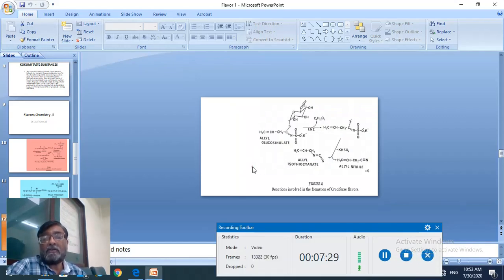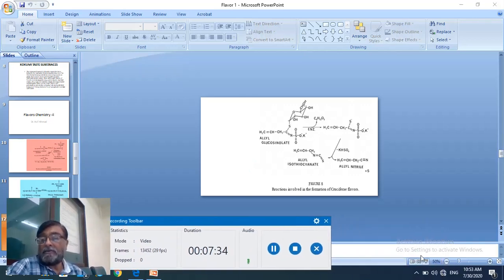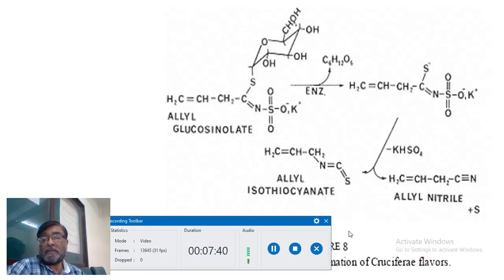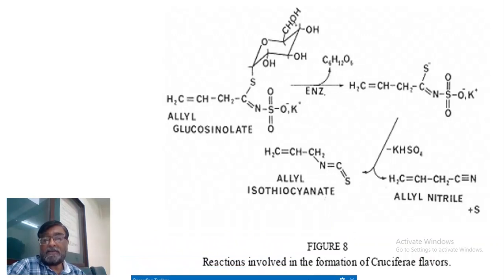Now we are looking at another third flavor, that is from the cruciferous family, and that is allyl isothiocyanate. Again, thio means sulfur-containing, right?